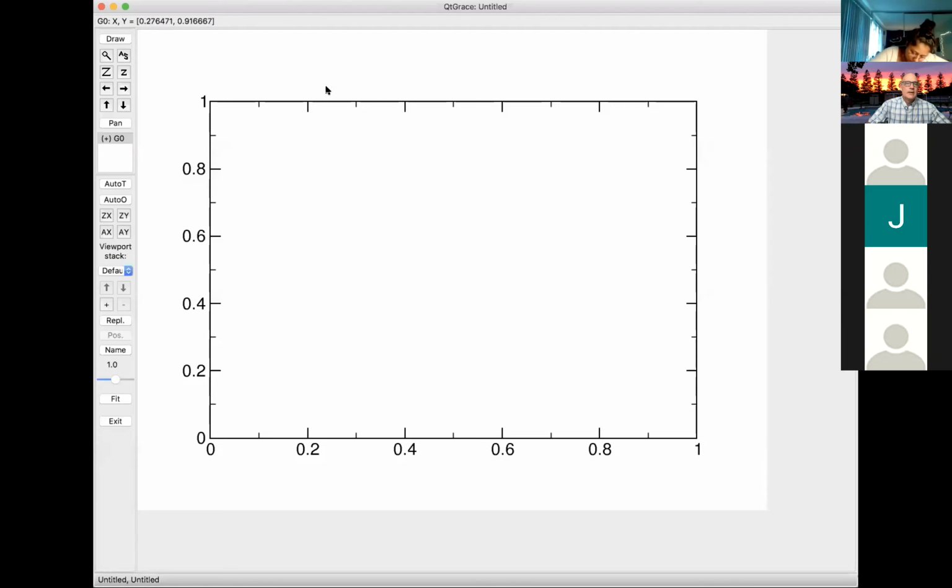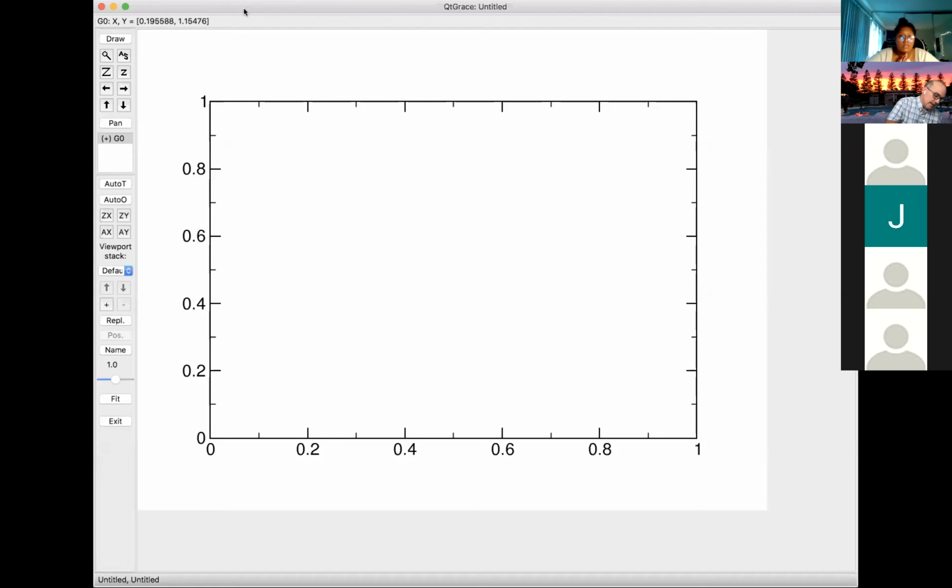let's see here. I'm going to do it after I go through just a second on Grace, because I sent out that email to everybody to discuss how to add a data set that's a function, but I want to go through this really quickly.